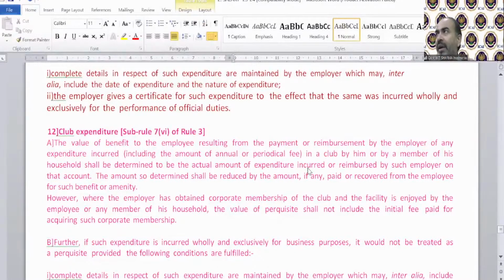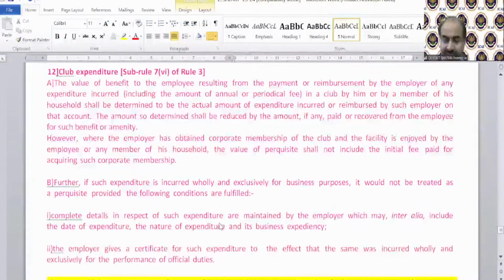Fine. And again, if it is provided to all the employees for a specified purpose, the value of benefit to the employee results from the payment or reimbursement. The important thing is the membership fees paid by the employer at the time of getting the membership. For example, there's a club membership of 2 lakh rupees. The employer paid 2 lakh rupees for that. That 2 lakh rupees membership is not going to be taxable in the case of the employee, even if the employee is using the club membership facility.